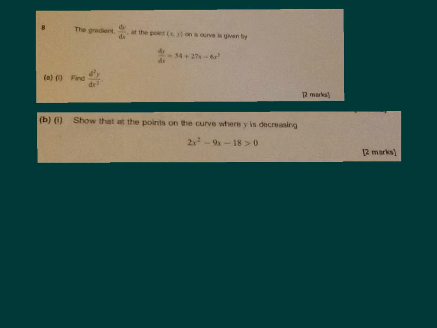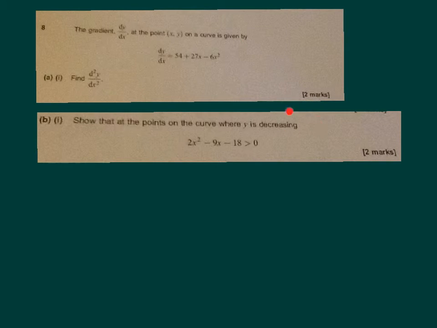Okay, part B says show that at the point on the curve where y is decreasing, and then it gives the inequality. This word here is the clue. When is y, okay, y is my curve, when is it decreasing? What does decreasing mean? Well, decreasing means it's going down, and that's when the gradient is negative.